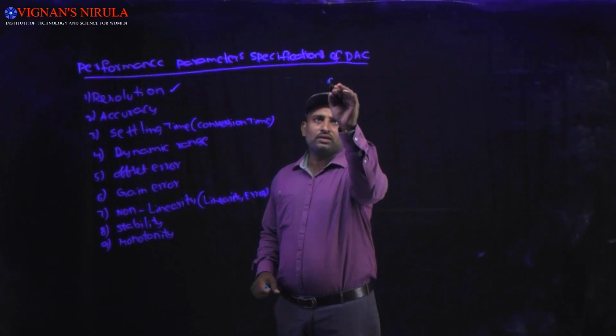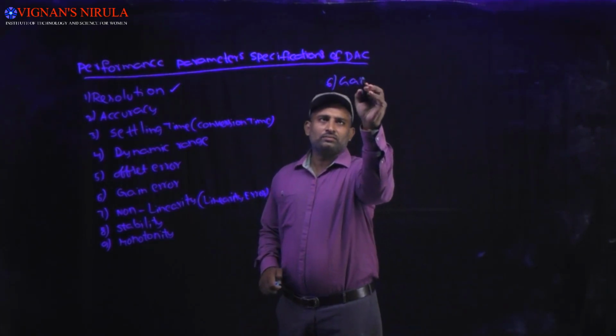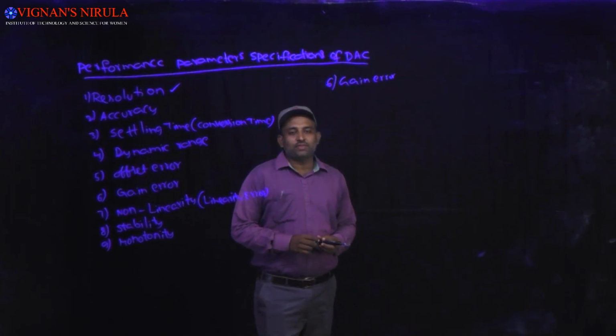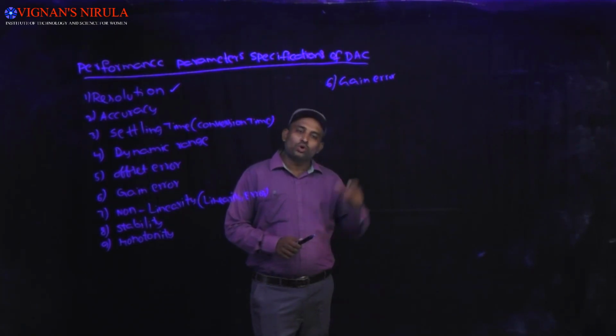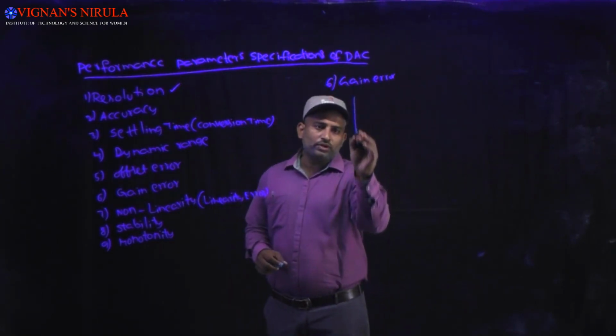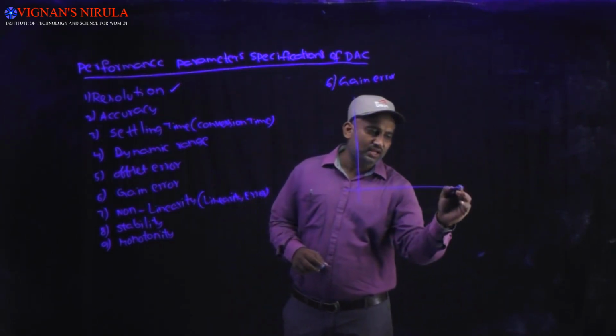Coming to the gain error. Gain error is the difference between the calculated gain and the actual gain achieved, and the calculated gain is achieved by using the current to voltage converter. Here I am going to represent the gain error.